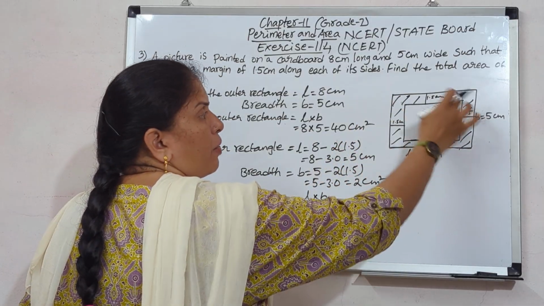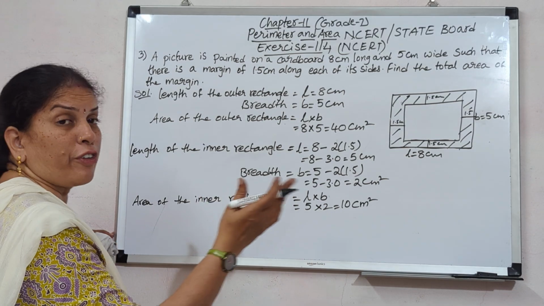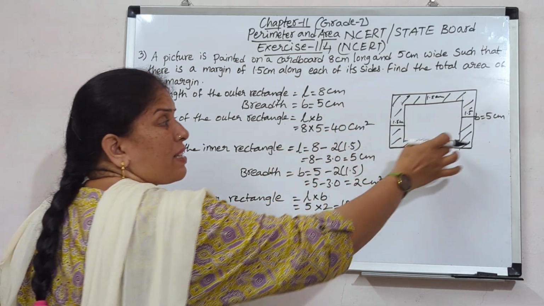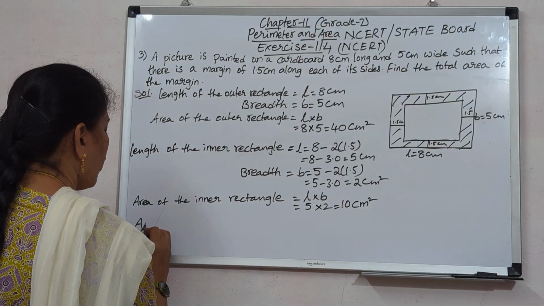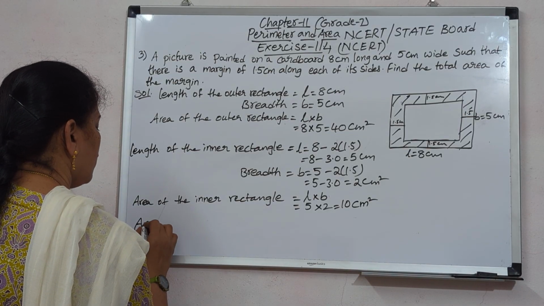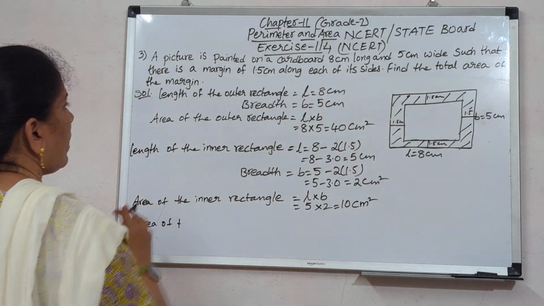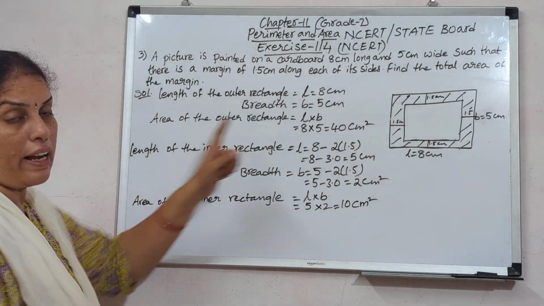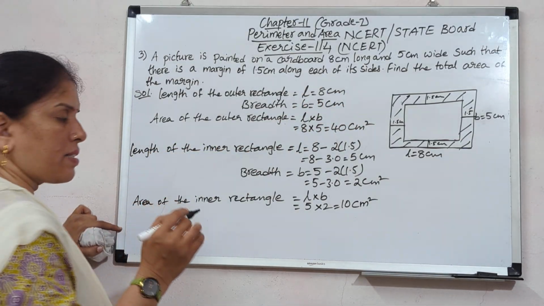Now, area of the margin. How much space did they leave for the margin? They ask for the total area of the margin. We will write like that only, as in the question, so that you may not get confused at last.